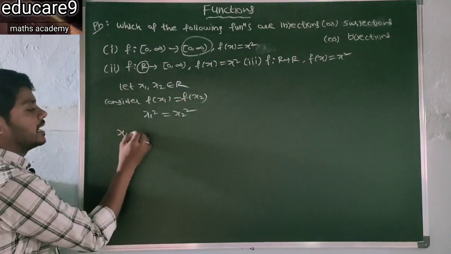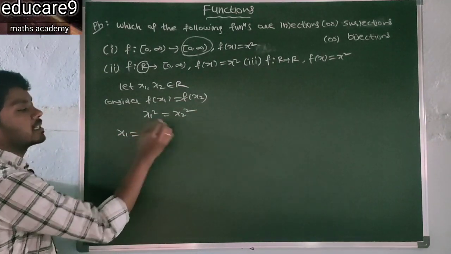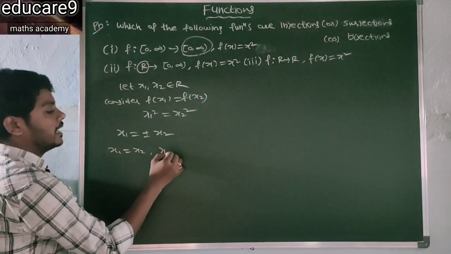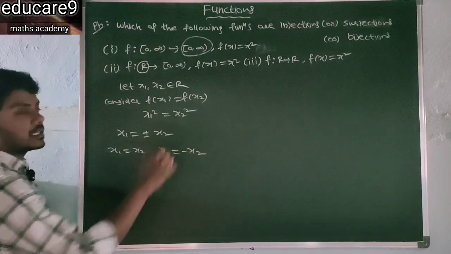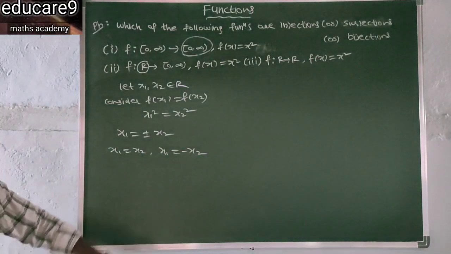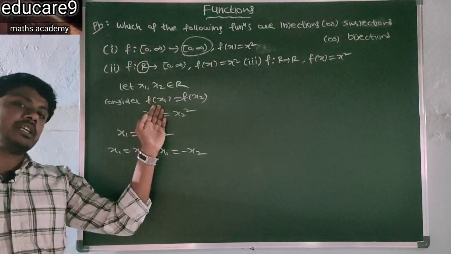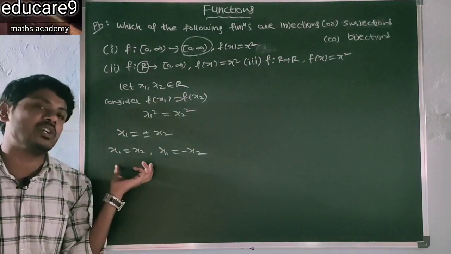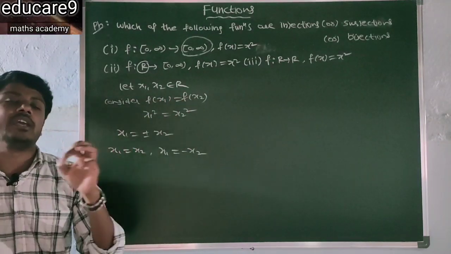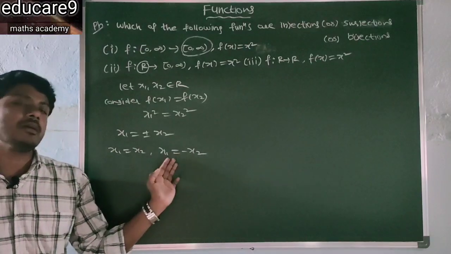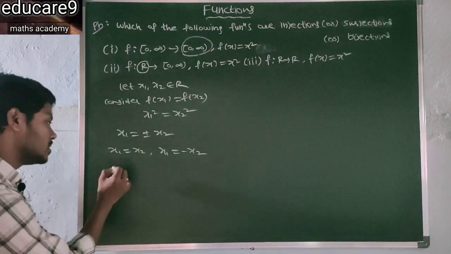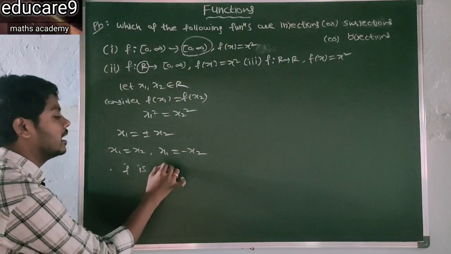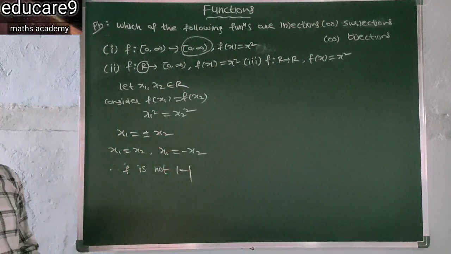From this you can write x1 is equal to plus or minus x2. So here x1 is equal to x2 and x1 is equal to minus x2. But according to the one-one function definition, if f of x1 equals f of x2, then x1 is equal to x2. Then only f is 1-1. But here you get minus x2. So clearly f is not 1-1.